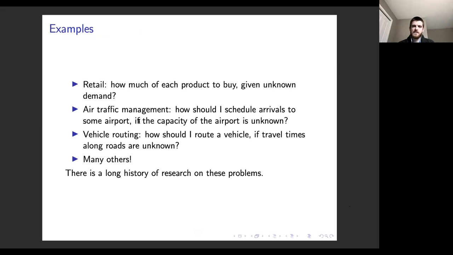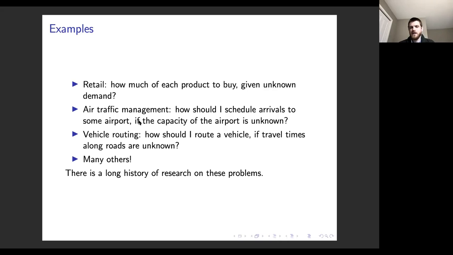So for some examples of applications, you might be some retailer, and if you're a retailer, you have to decide how much of each product you're going to buy, but you don't know in advance how much customers are going to buy. So you don't want to get stuck with extra inventory, but you also want to make sure you buy enough inventory so you don't run out.